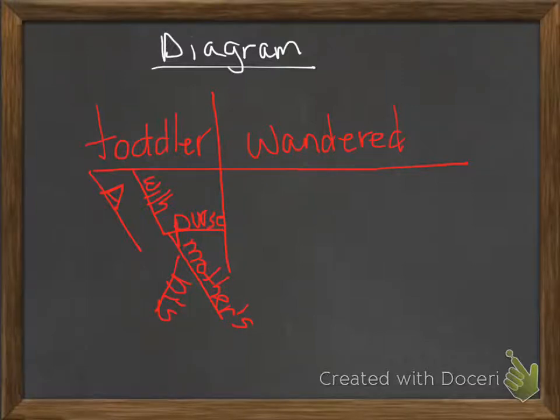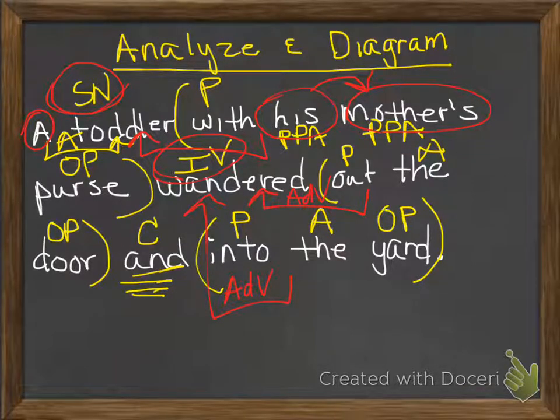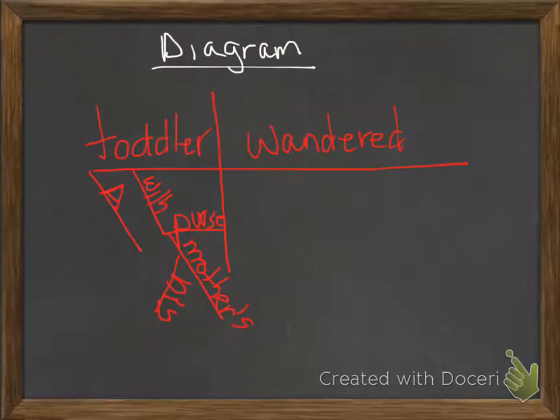Okay? Now notice we have a conjunction. So we have two adverb phrases that are going under the verb, and they're being connected by the conjunction and.